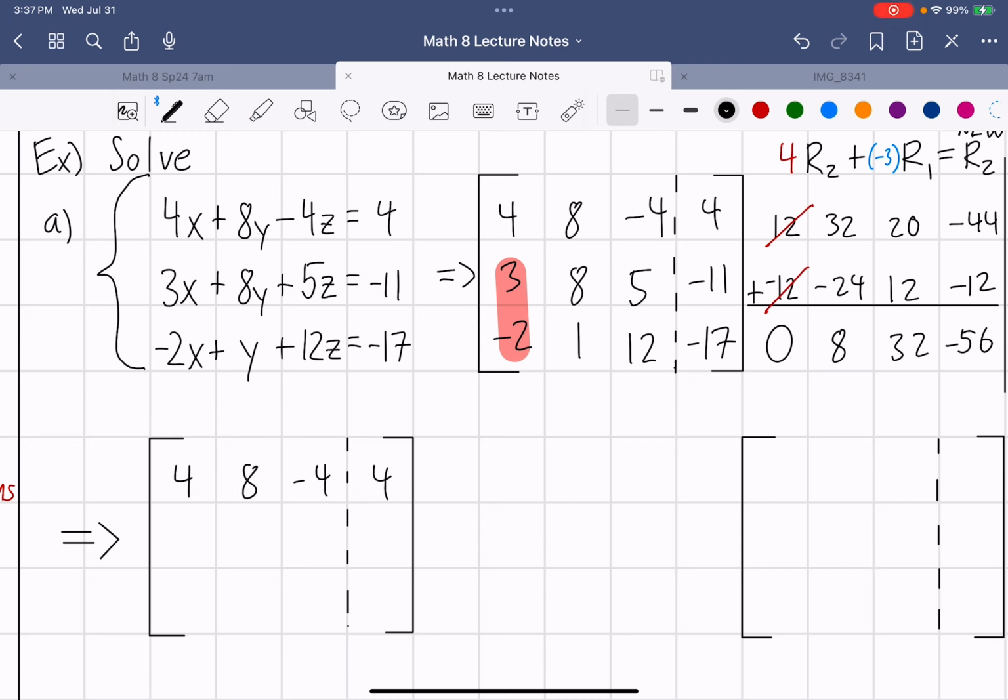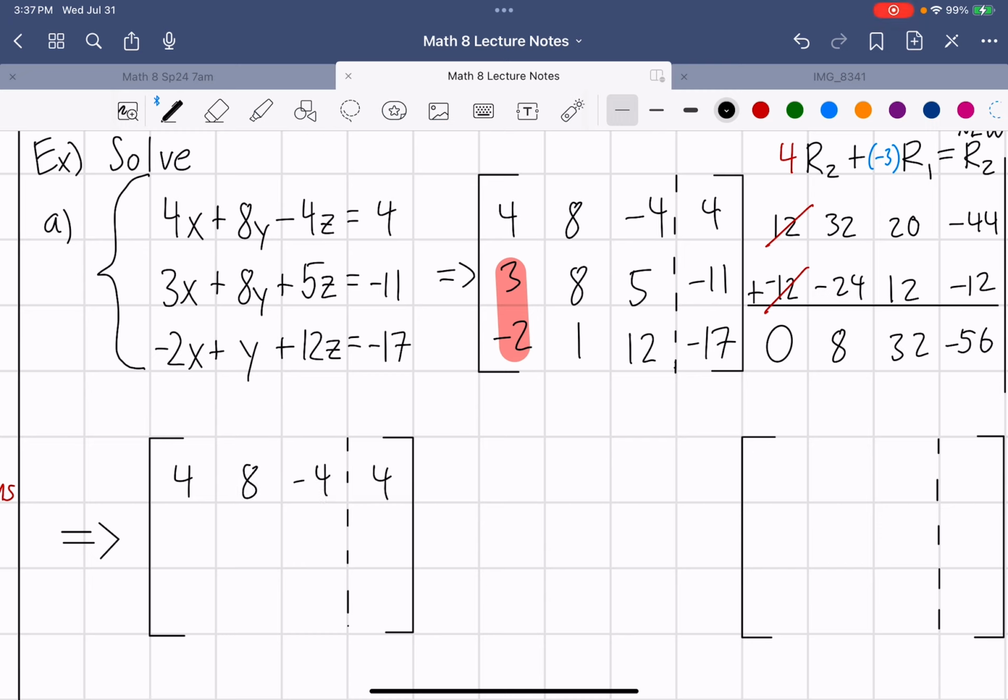But now I need this bottom one to become a 0. The nice thing is, one, it's already negative. And then the other thing, 4 and 2 are multiples of each other. All I need to do is multiply this third row by 2, and that would already eliminate row 1. So let's write this.